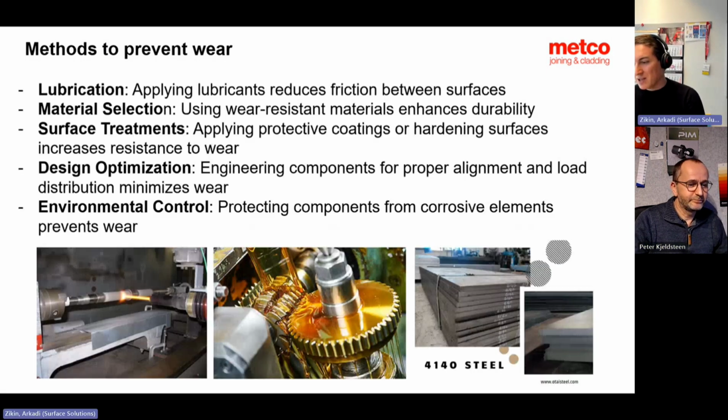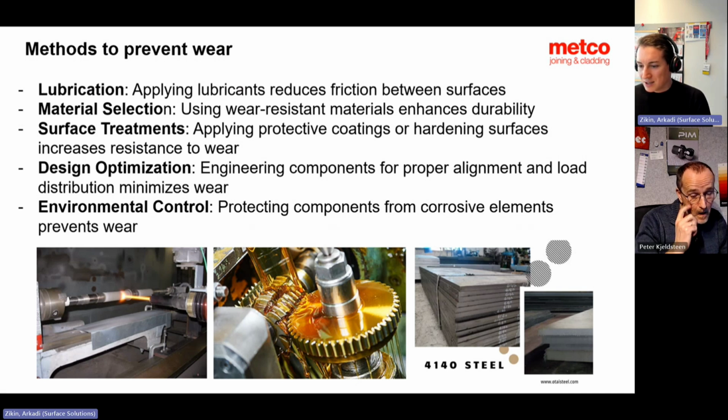Okay, so this is more or less what you said. It's great and actually gives you a very good overview that you know how to prevent wear. So lubrication, that's what we learned today, also used since antique times and Bronze Age. Then what you probably forgot, it's a material selection. So choosing a proper material with proper properties can help you to minimize wear.